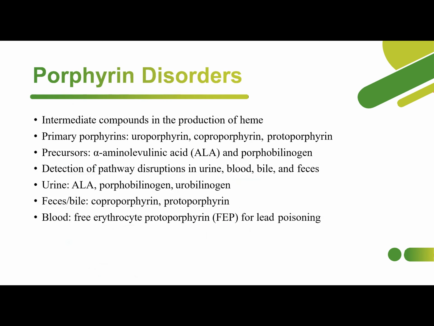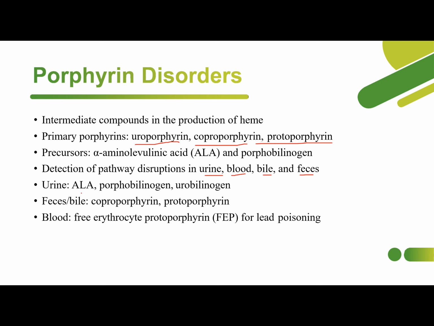So let's discuss them in depth. Porphyrin disorders: these are intermediate compounds in the production of heme. We have primary porphyrins, which include uroporphyrin, coproporphyrin, and protoporphyrin. Precursors are alpha aminolevulinic acid and porphobilinogen. Detection of pathway disruptions is done in urine, blood, bile, and feces.